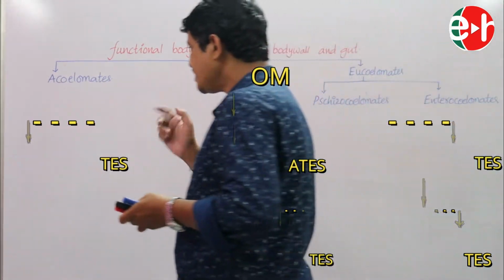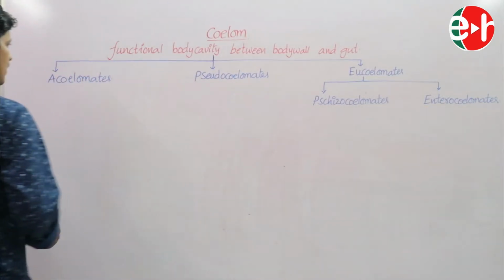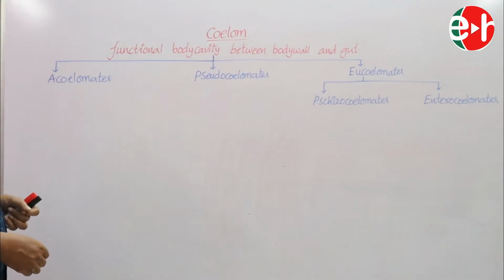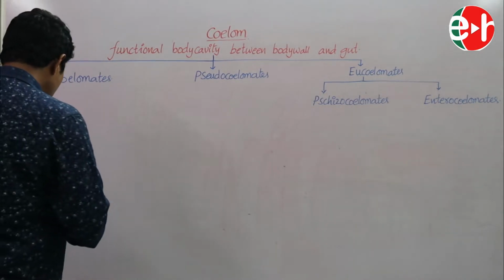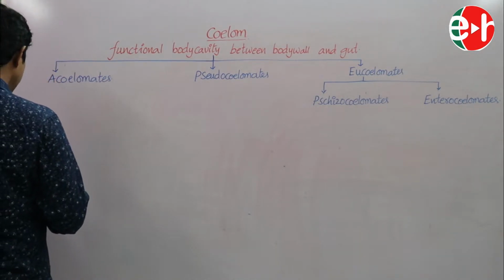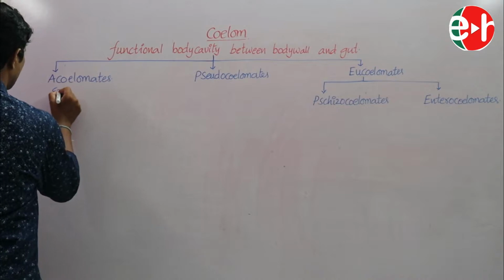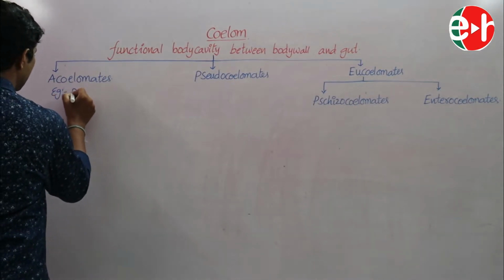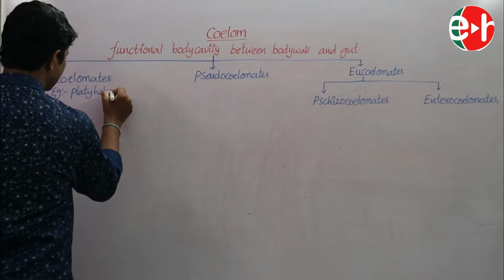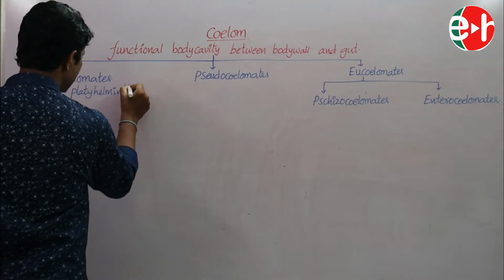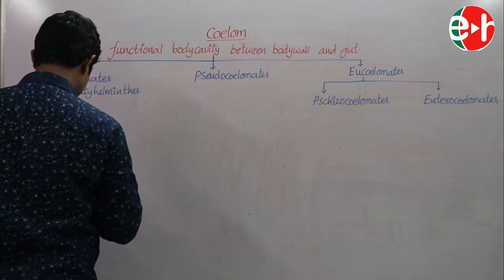See, what is an acoelomate, what is pseudocoelomates, what is eucoelomates? The body cavity between the body wall and the gut is known as a coelom. So, examples for acoelomates are platyhelminthes animals.